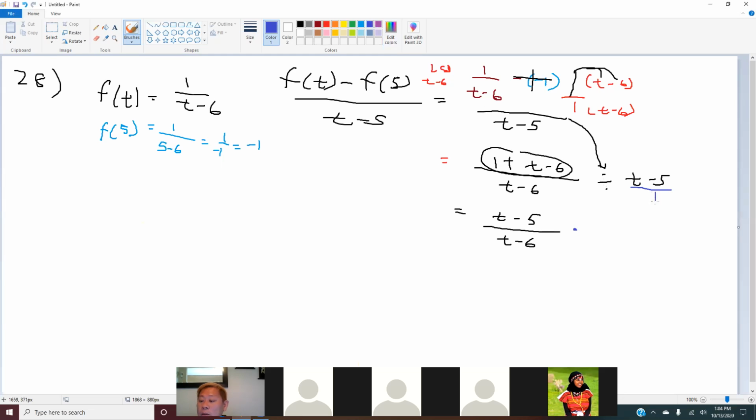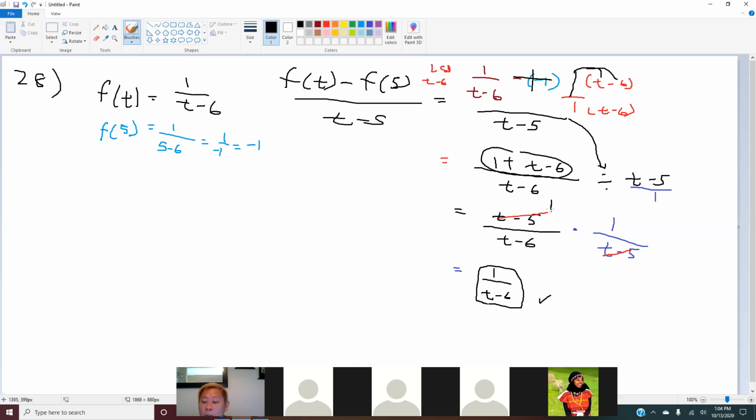This is over 1, so you have to flip it: 1 over t minus 5. And what happens next is you cancel. The t minus 5 can cancel because they are top and bottom, they are like terms. So your answer in this case is 1 over t minus 6.